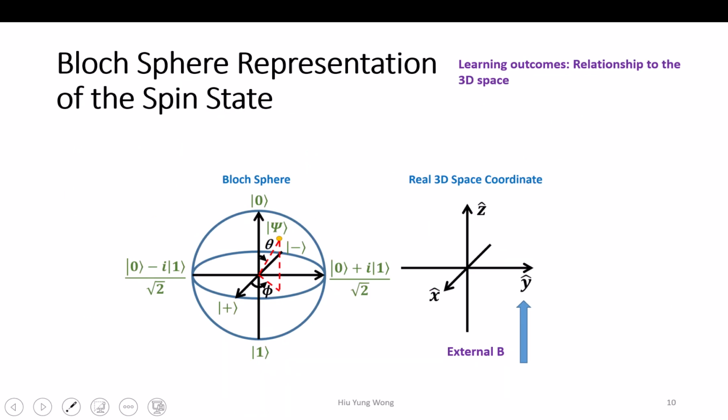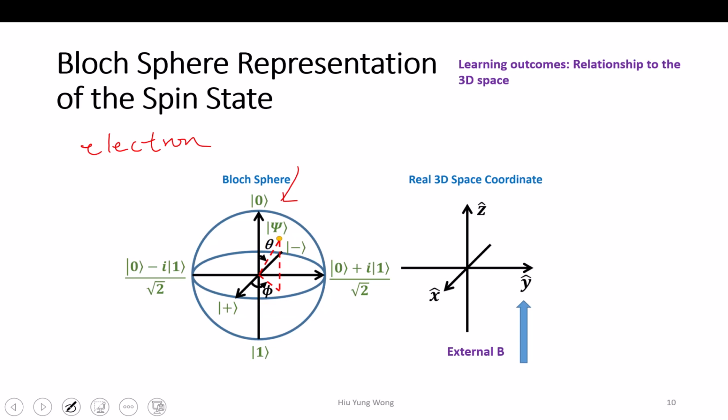So, I kind of forgot what I wanted to say here. Yeah. So in this case, I have an external magnetic field in the 3D space pointing up. And now I'm talking about an electron, not a proton. So is this state, the top, what is that?